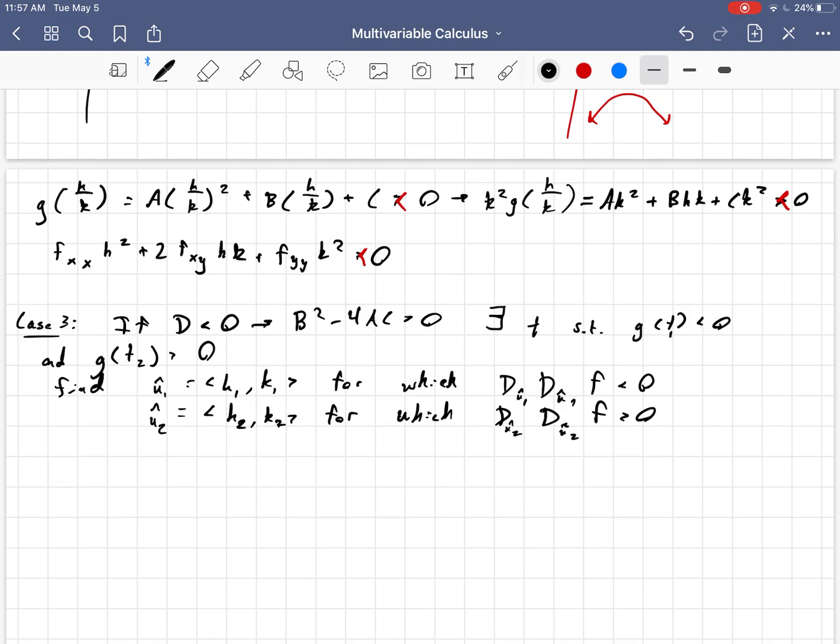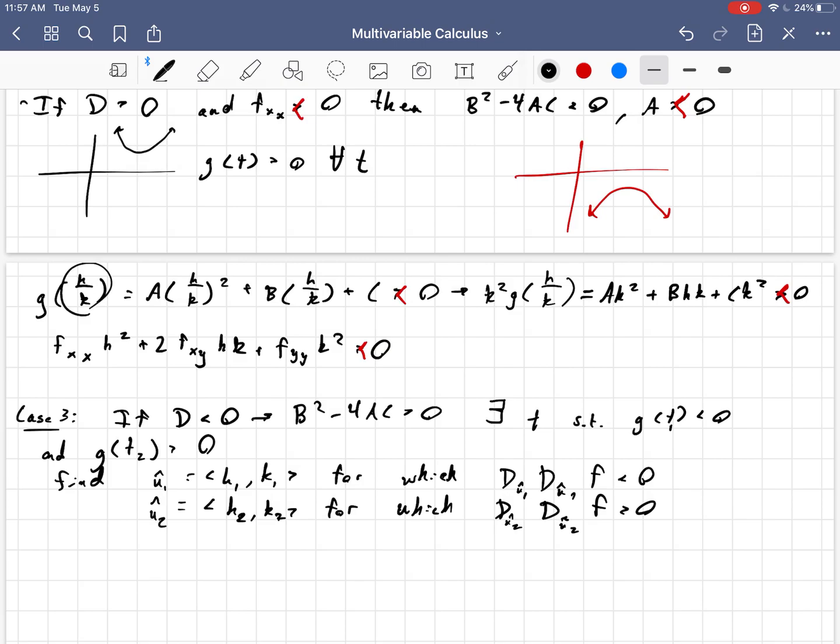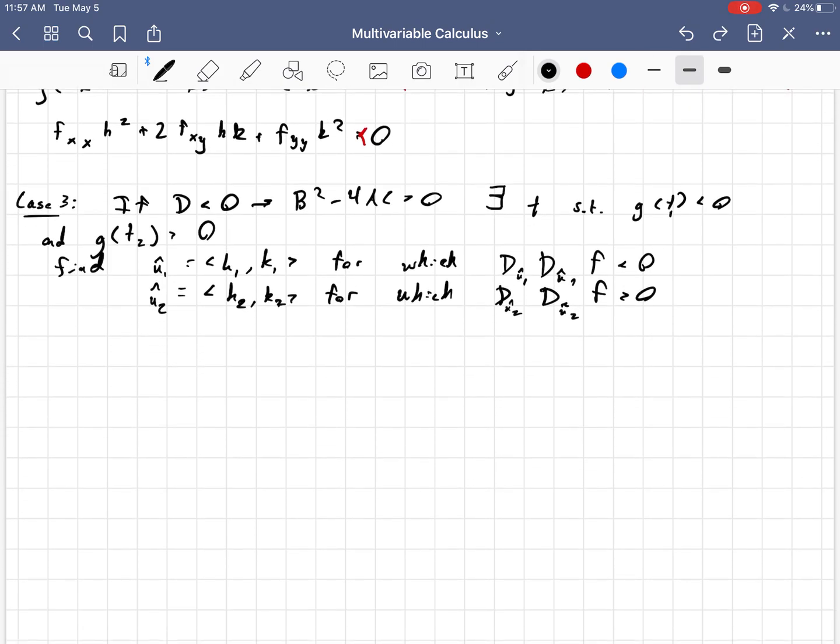And so that means we have differing concavities there. So again, let's consider, just like how we did here, where we plugged in h over k, let's consider t sub 1 to be h sub 1 over k sub 1.